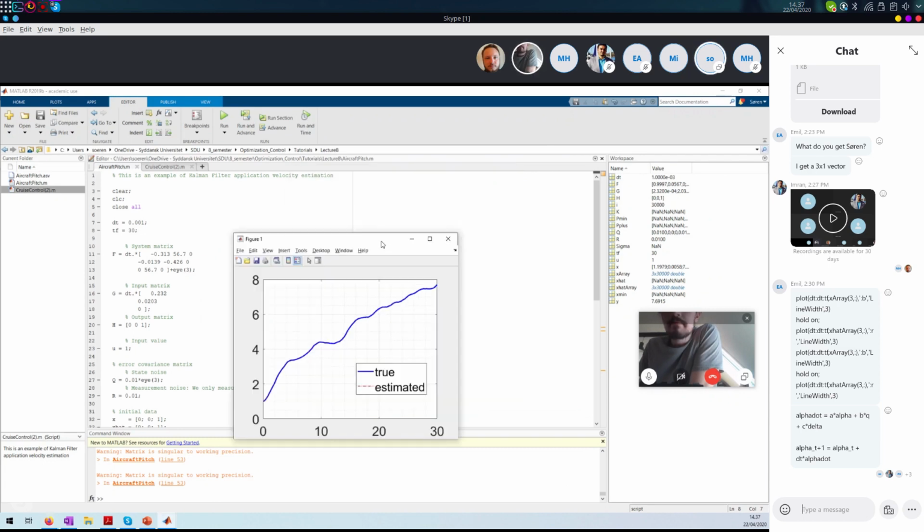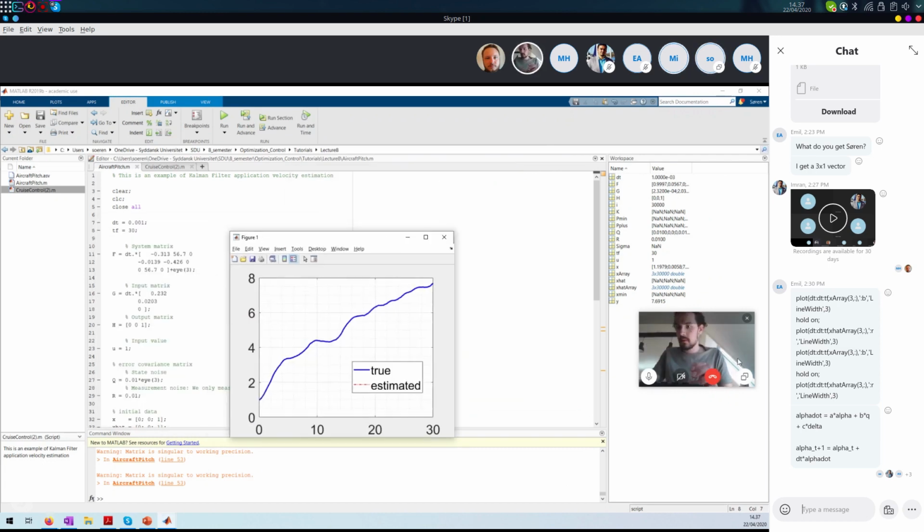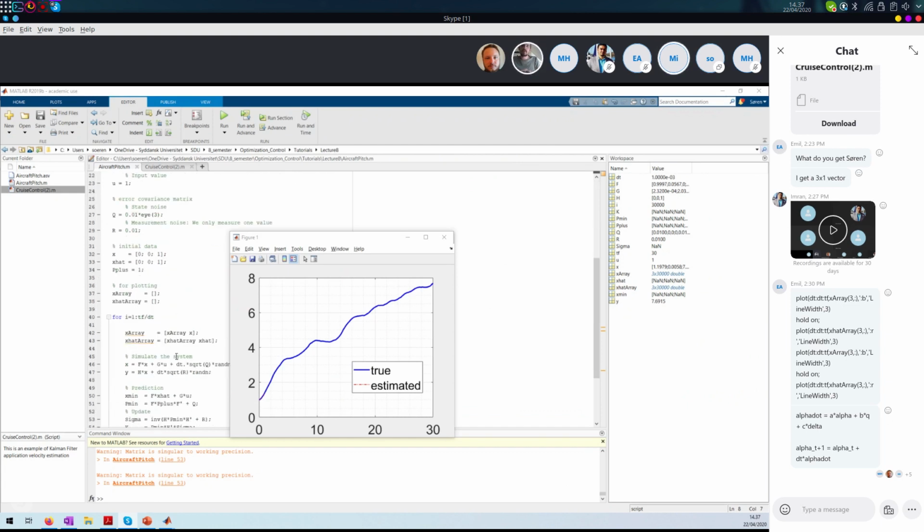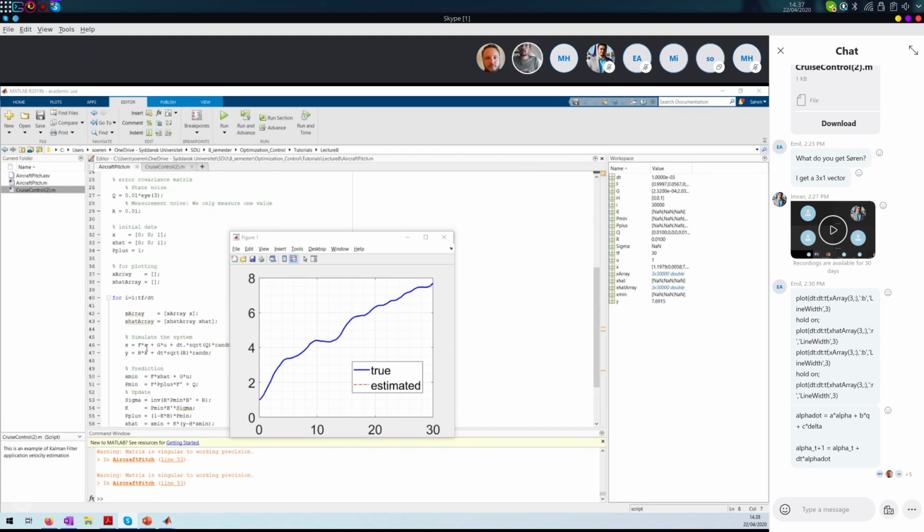What do you mean? Can you show your plot? Sure. Wait. For some reason the Skype version on Debian doesn't have the shared screen button.